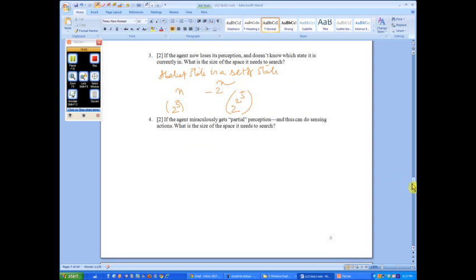losing your eyesight. Now, when you miraculously get partial perception: if you have complete perception, you are searching in a 2 power 5 space. If you lose all perception, you are searching in a space of 2 power 2 power 5. How much the space is for partial perception depends on how much perception you have lost. And in fact, one of you gave a very nice answer.